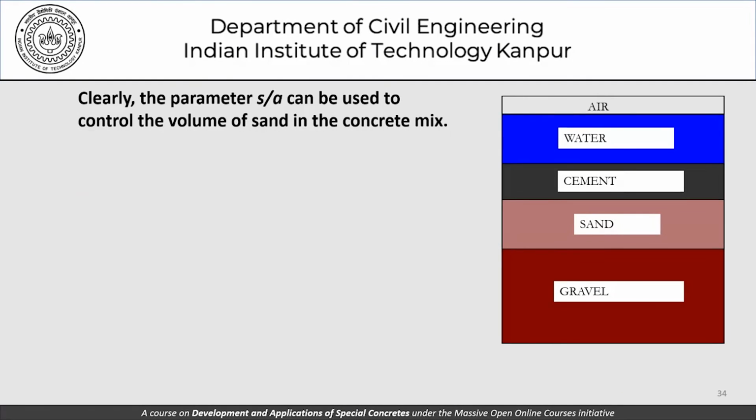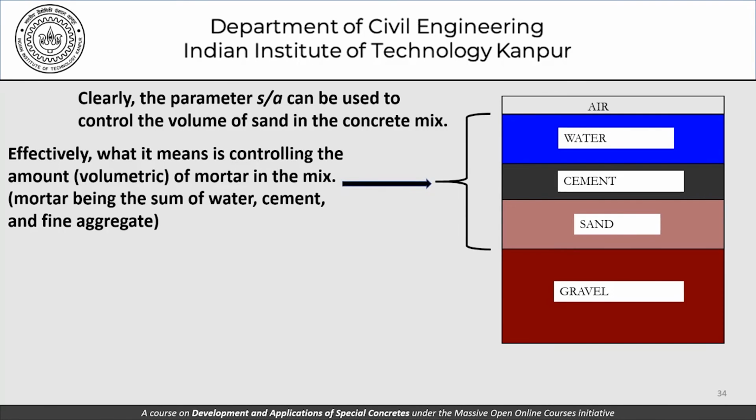The parameter S by A can be used to control the volume of concrete mix. That has been established. Now what that means is that effectively, if we change the volume of sand here through the S by A, it also becomes a means of controlling the amount of mortar in the mix, because mortar is nothing but the sum of water, cement and sand.